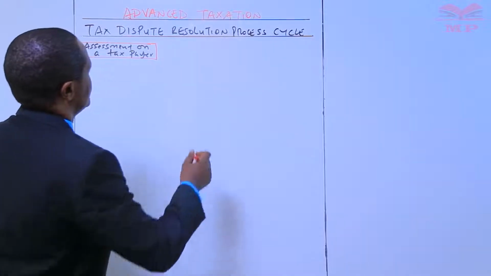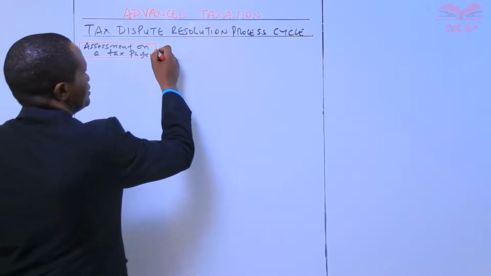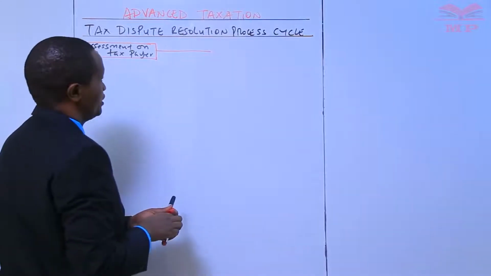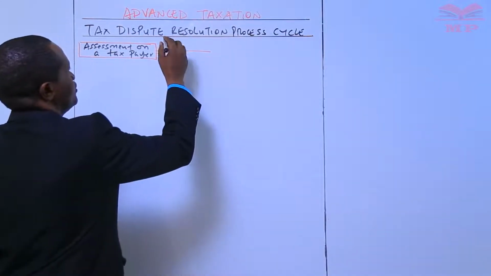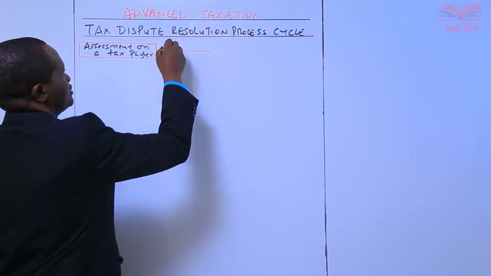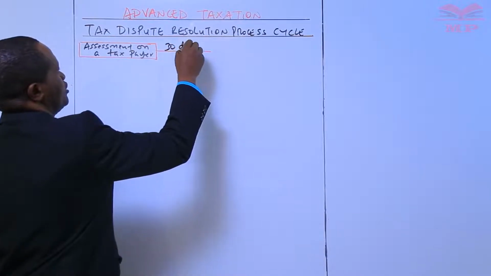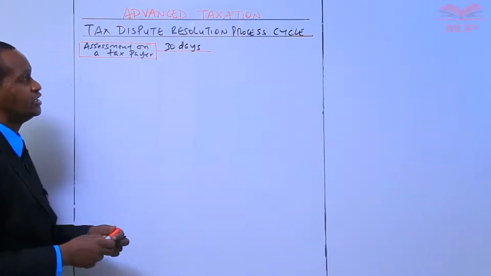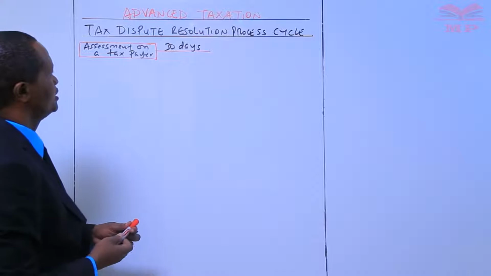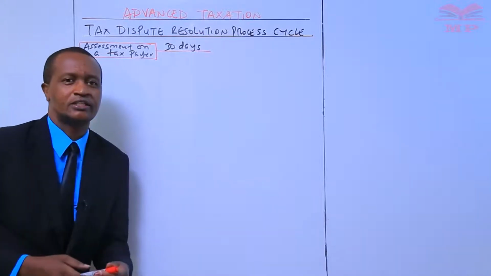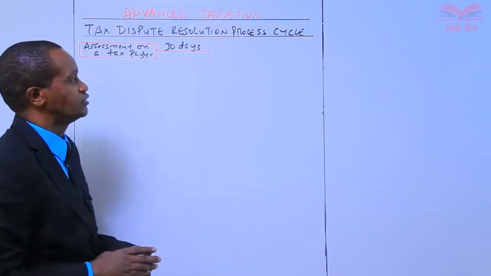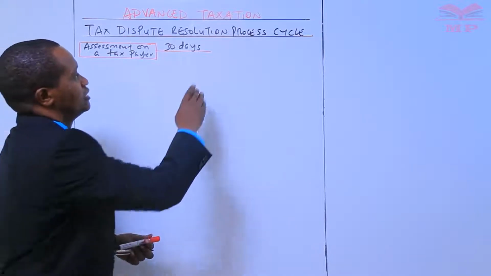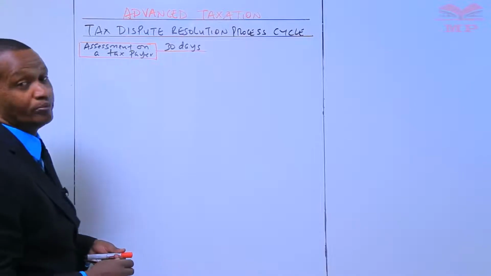Within 30 days upon the receipt of the assessment, if he disputes the assessment, the taxpayer is required to make a notice of objection and submit it in writing to the tax administrator or the commissioner.